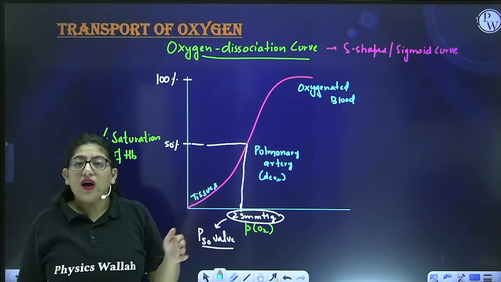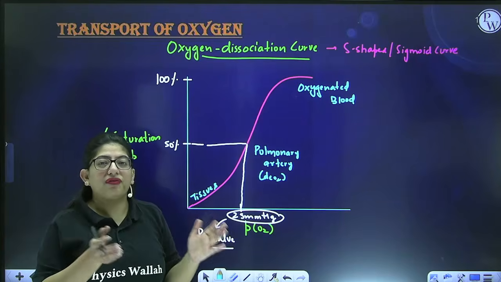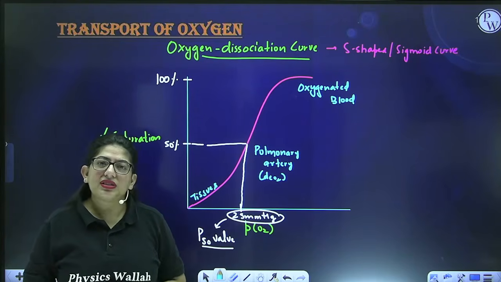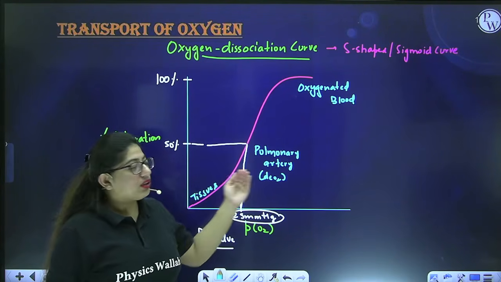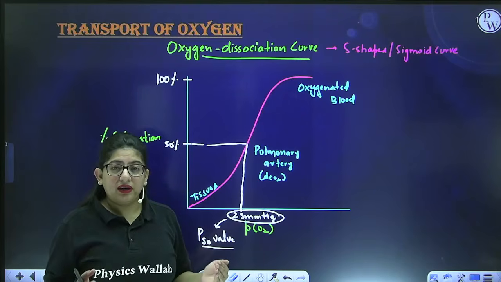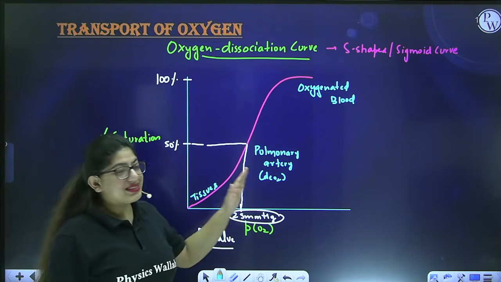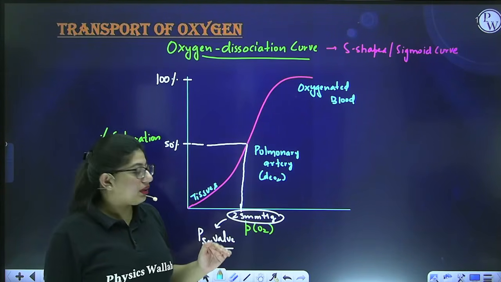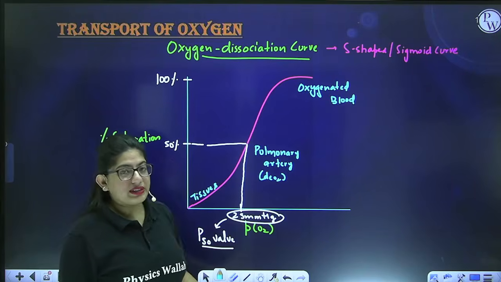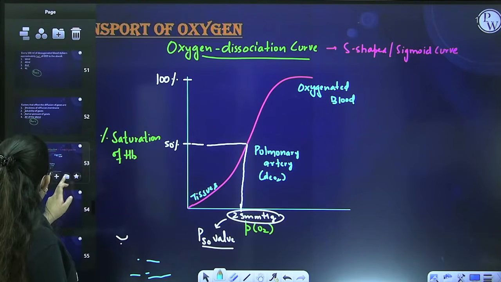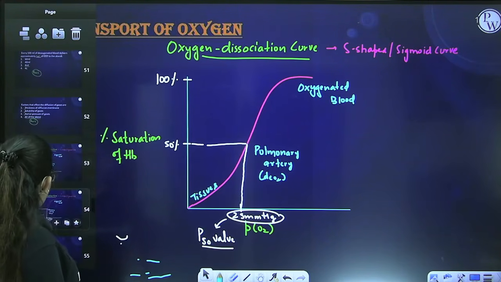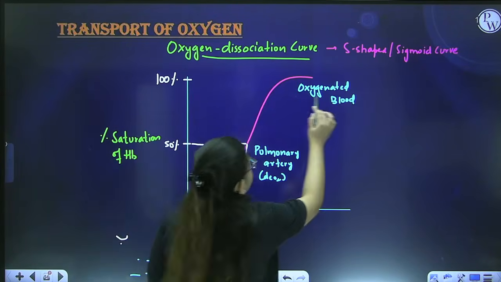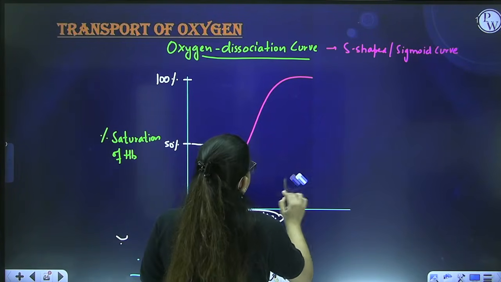Fine. Now this graph can shift towards left and right. What will be the difference? If I shift my graph to the right side a bit, then what will happen? My P50 value will increase. How? Let's see. See guys. Imagine I'm shifting my graph.